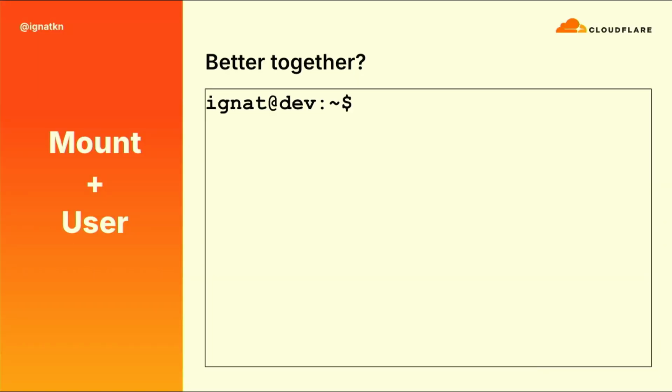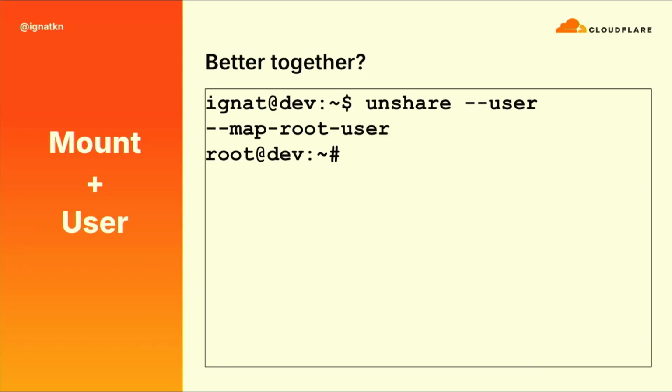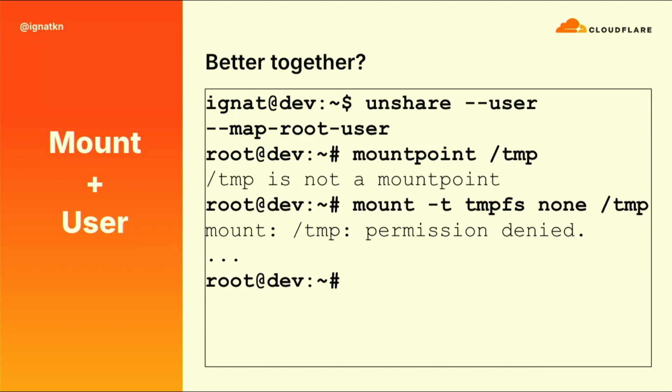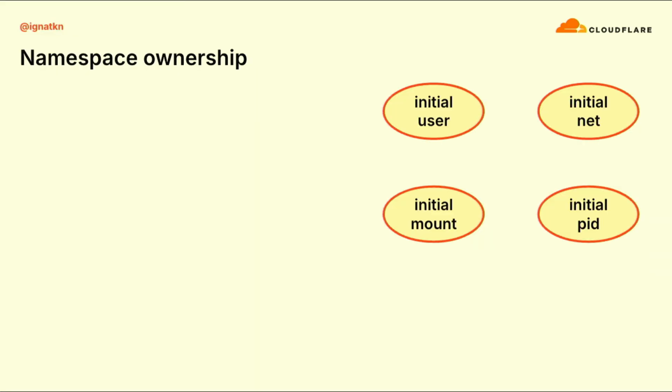Well, not exactly, right? So for example, if I create a user namespace, map myself as root, I see myself as root, and now I want to mount a file system, do a privileged operation. I try to mount it, I still get permission denied. And why is that? Because user namespaces in Linux are somewhat special. They can control other namespaces.